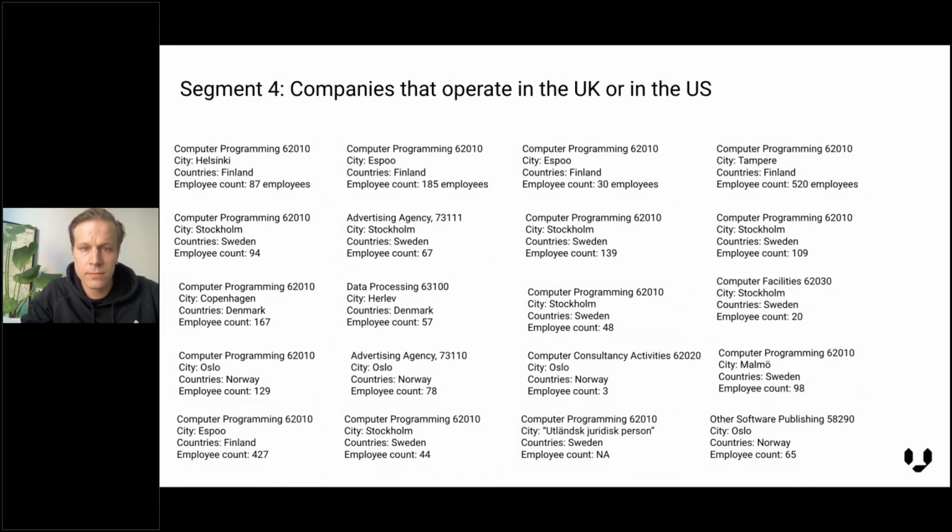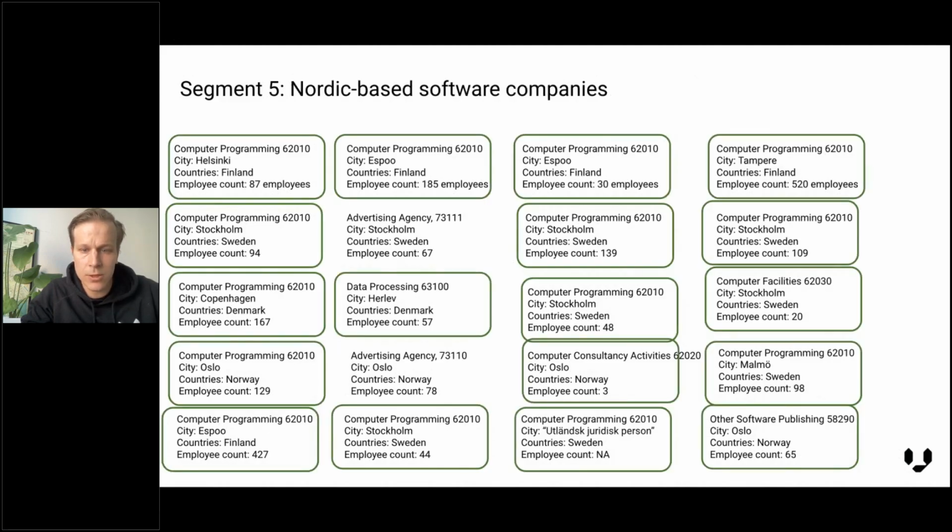None of them seems to do business in the UK or US. Then lots of Nordic-based software companies, because all of them are based in the Nordics and many are software companies, so 18 out of 20.